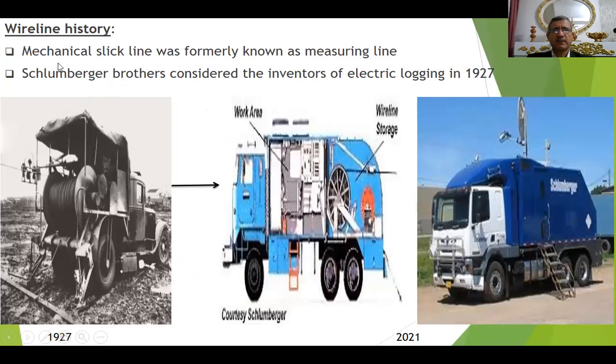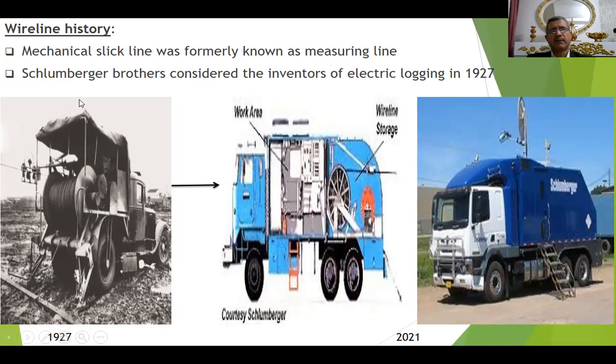So, wireline history: we can say that this is the wireline unit in the year 1927. It was very old, and it was mainly focusing on slickline, formerly known as measuring line. They ran it to measure the depth of the well.